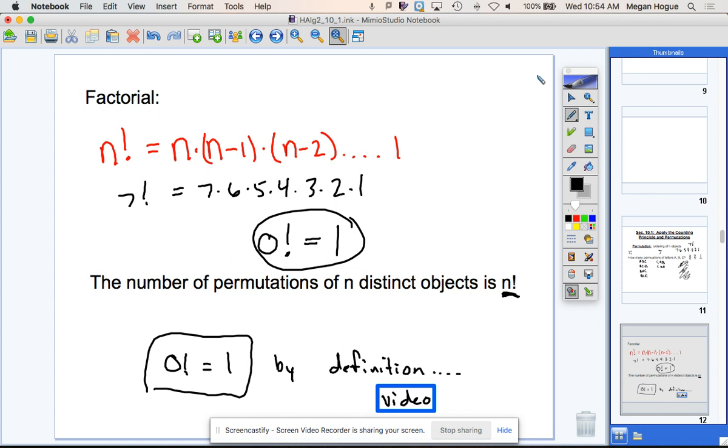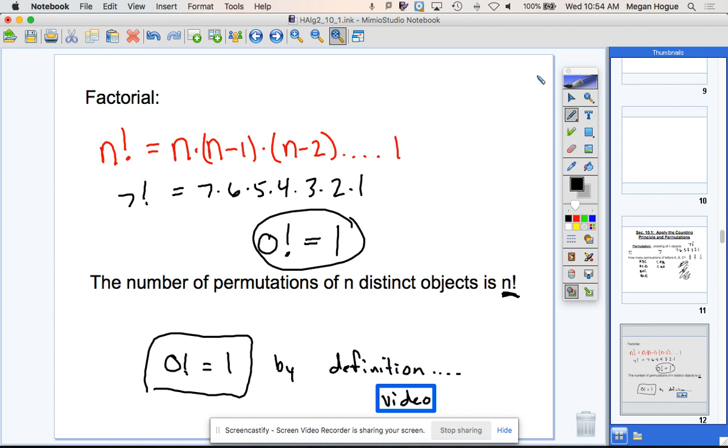Hit 5, then hit the PRB button and scroll over, and there is an exclamation point, and you should get 120. Oh, that's cool. So try another one. Do 8, PRB, exclamation point, and you get 40,320. If you get too big, it's going to give an overflow error, because it's not going to record that number for you.